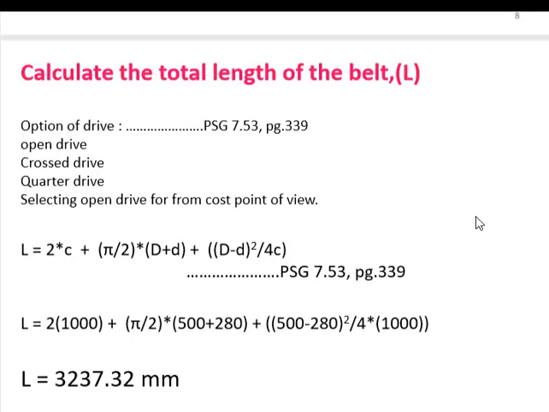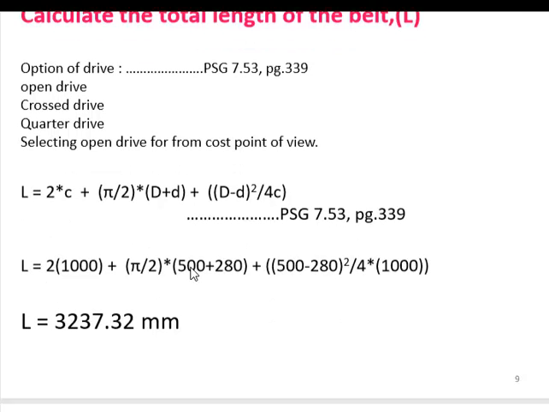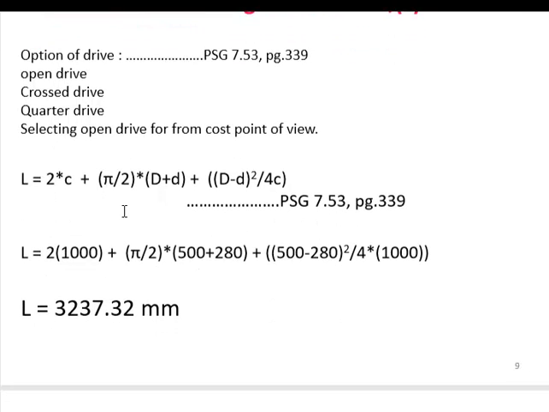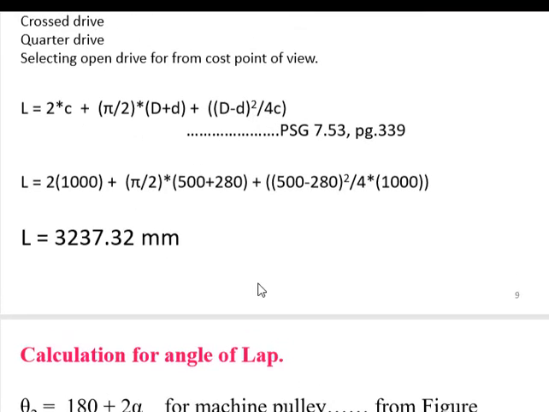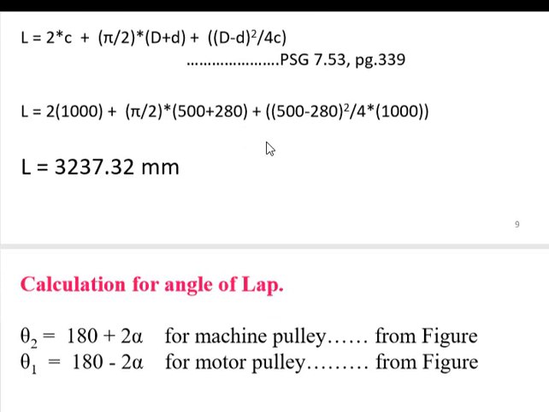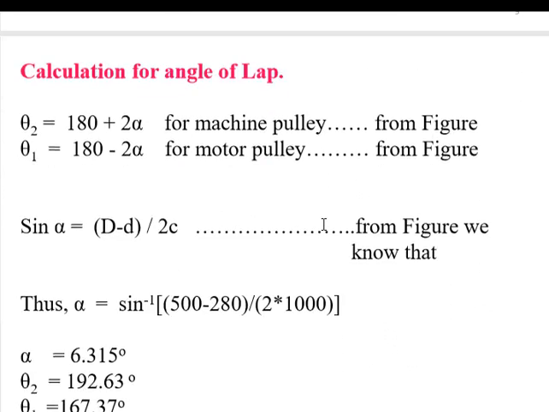For simplification, we will select open drive, and the total length of the belt is represented by L, and the length of open drive is given by this particular formula, which is present in page number 7.53. We'll substitute the values which are known to us, and the length comes around 3237.32 mm.